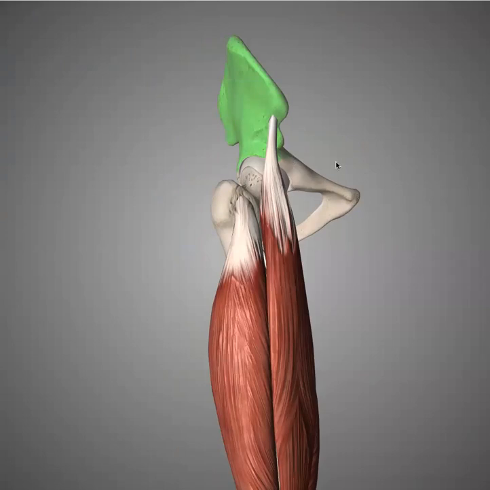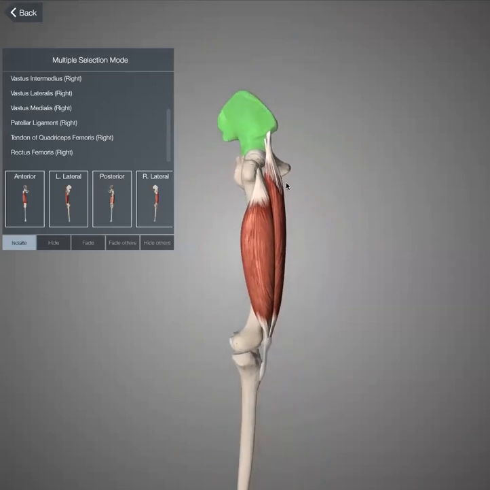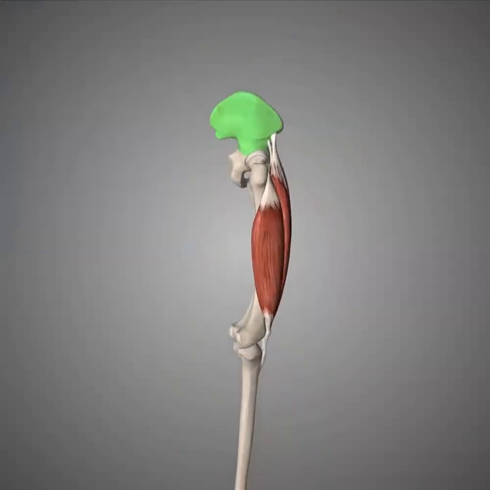What does it mean? Now someone is standing, imagine with me that his body is like that, standing upright. So if this muscle contracts, it will cause, for example, the femur to move up like that.